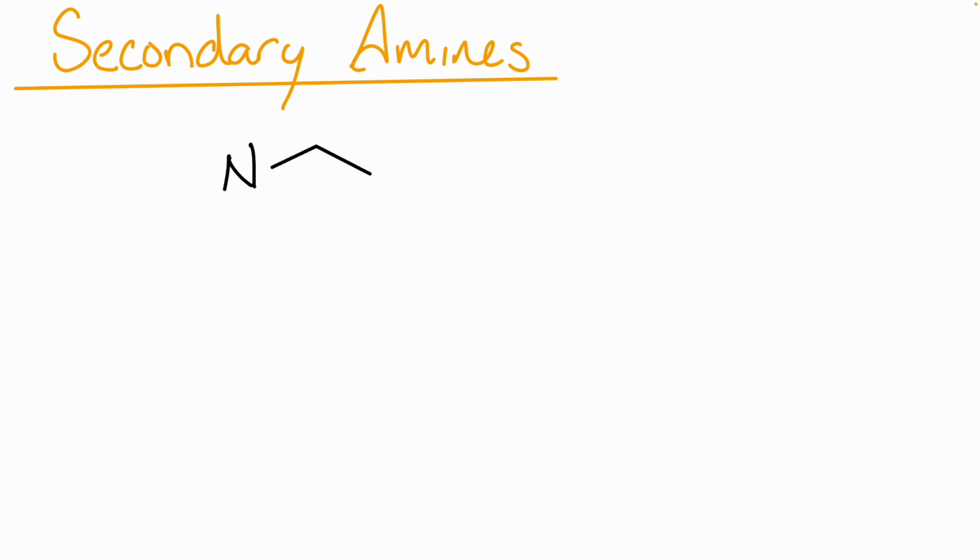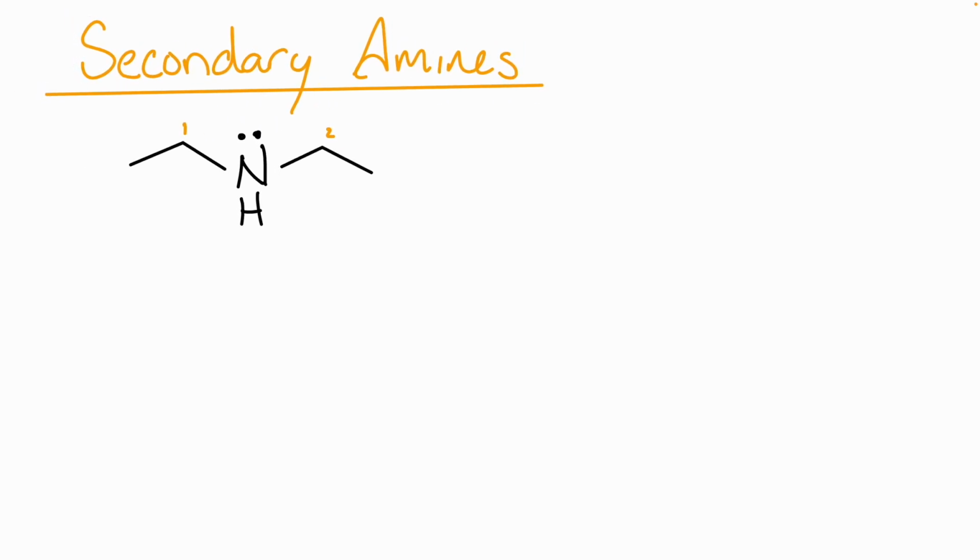We mean that the nitrogen itself is bound to 2 carbons. All right, so this would be an example of a secondary amine. Again, that nitrogen is bound to 2 carbons. And we're going to see that these react a little bit differently than primary amines with our aldehydes and ketones. Okay, we're going to show it the long way using the mechanism, so we'll save that for next class period.